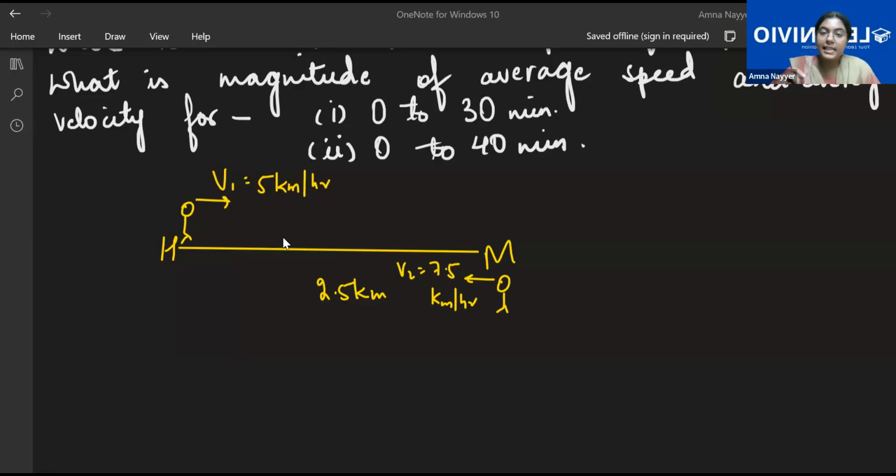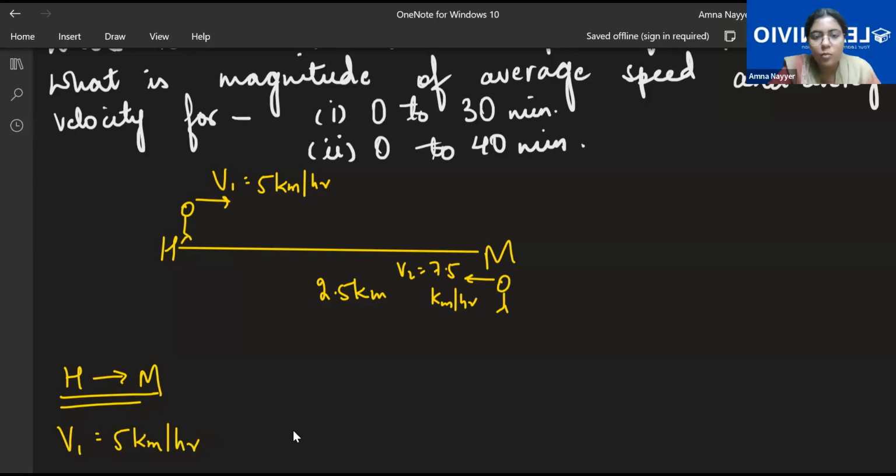So see, it says you have to find the average speed and average velocity. Now class, for 0 to 30 minutes, let's say when the person is going from the home to the market with this speed. What's the speed when he is going from home to the market? His speed is 5 kilometer per hour. Okay. What's the distance that he needs to cover?